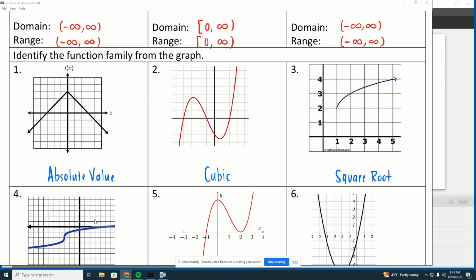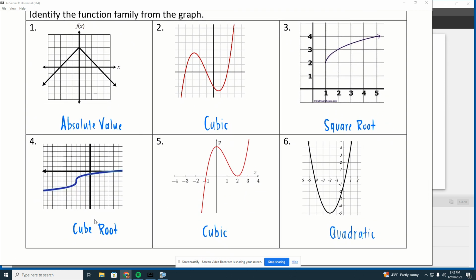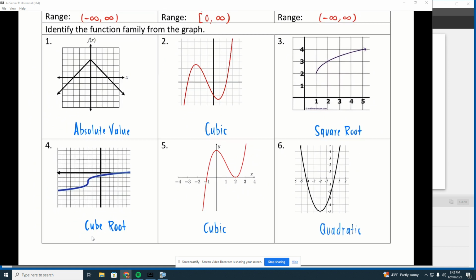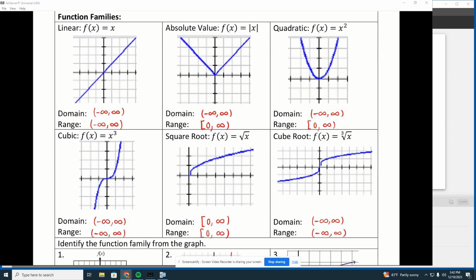Okay, and then I felt the same way about numbers 1 through 6. You can look at the graphs above and you can tell which one these are. The only two that I would say are maybe a little tricky would be number 2 and 5. Because if you look at a cubic function in its basic form, it doesn't go up and then down and then up.